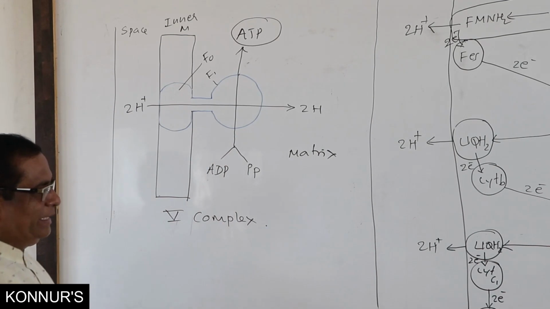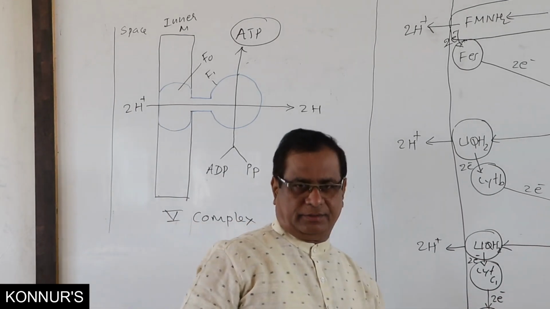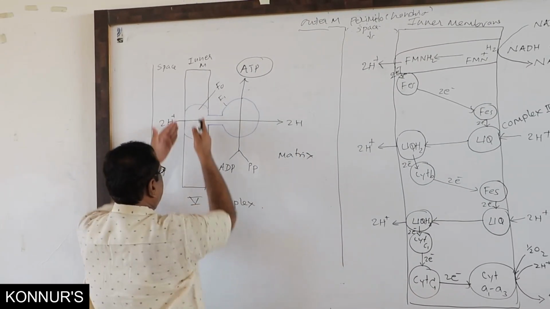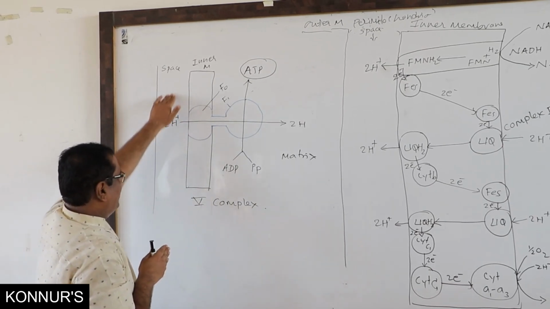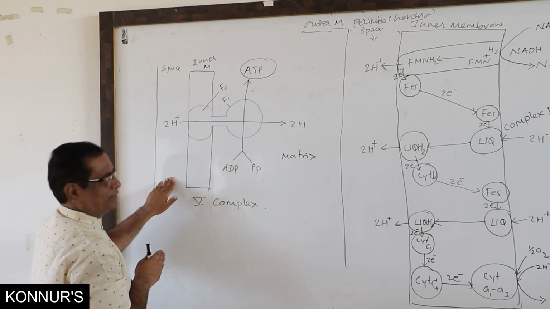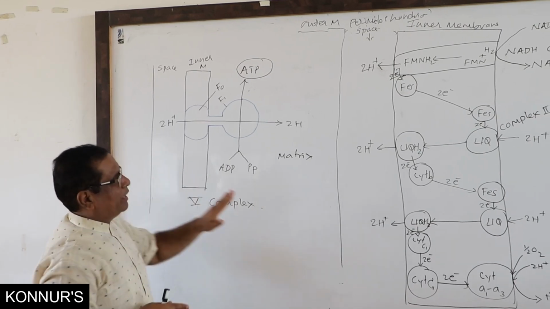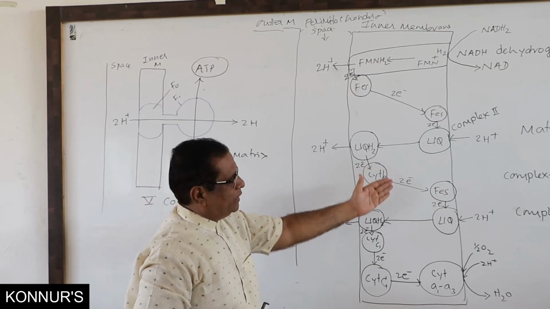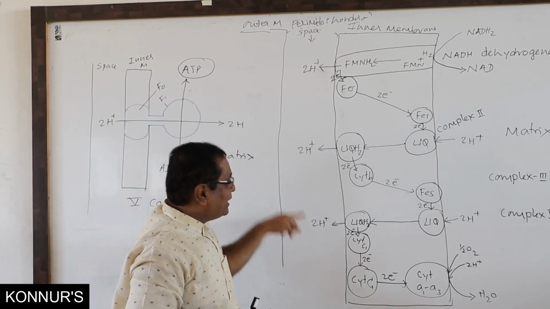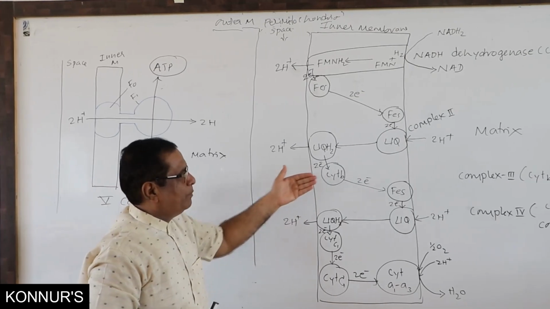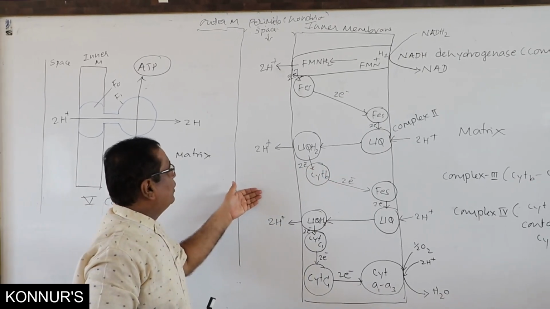This structure is a continued part of it. Here this is the inner membrane and this is the outer membrane. This is the perimitochondrial space.